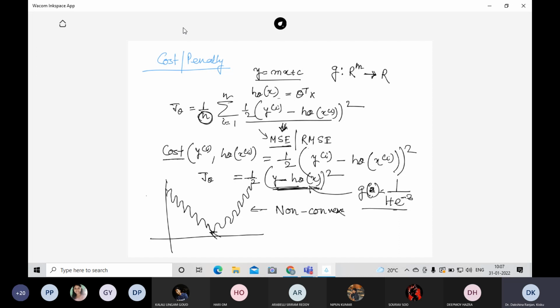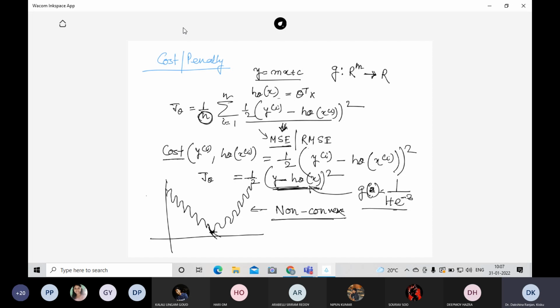In a non-convex function we can have lots of local minima, but among those local minima, it will be difficult to find the optimal one, the global minimum, which will give us the minimized error.